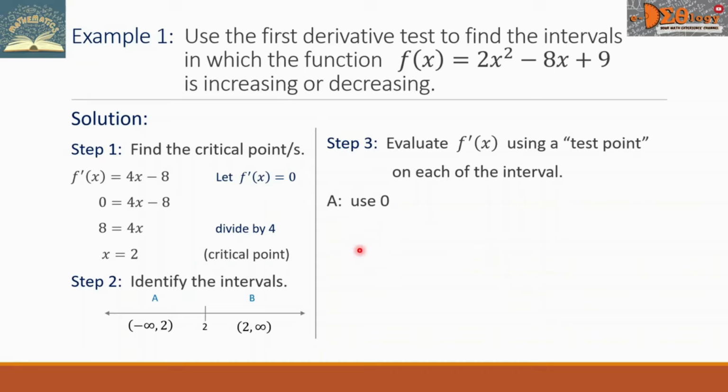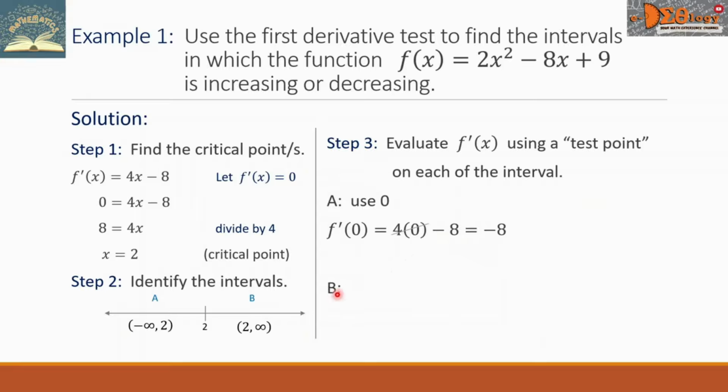Let us now evaluate f prime of 0. This is our derivative function. So 4x minus 8 becomes 4 times 0 minus 8. 4 times 0 is simply 0, so the value is negative 8.